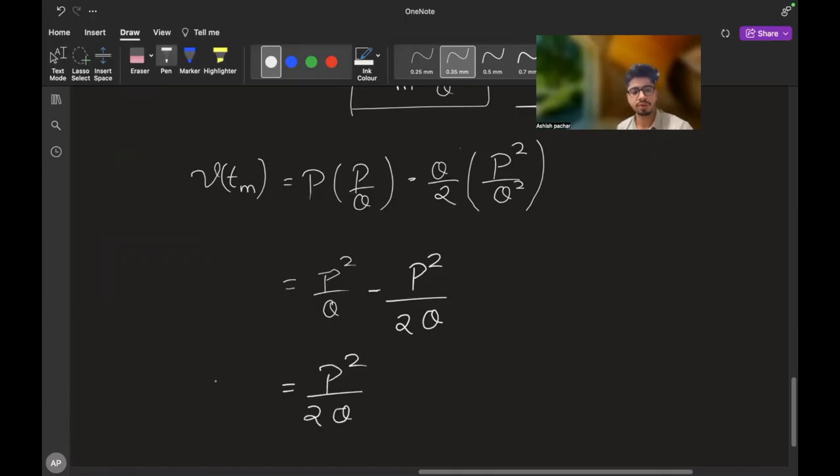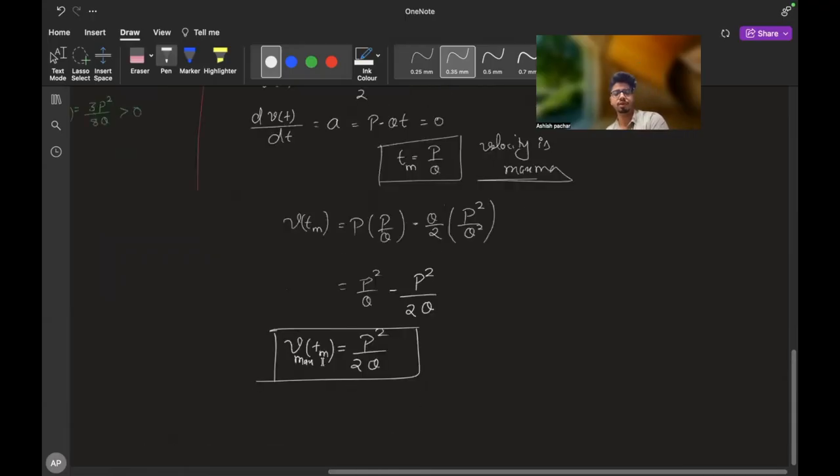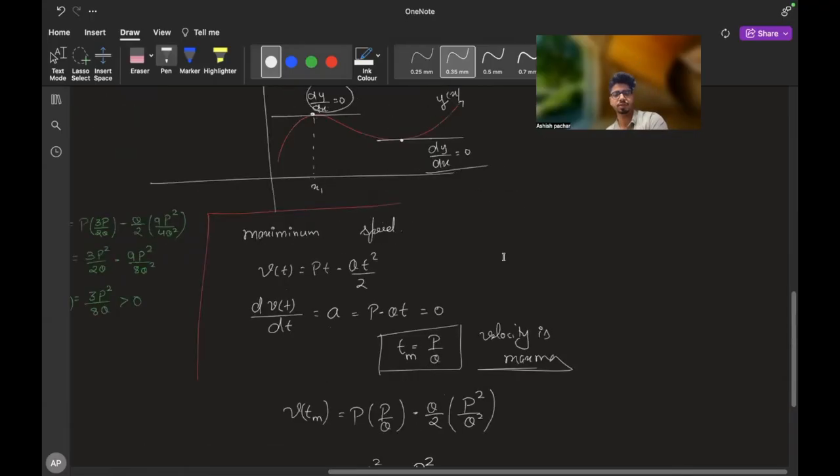This is the velocity at Tm. This is the maximum velocity. To get the maximum velocity, we use Tm. So this is the maximum velocity expression.